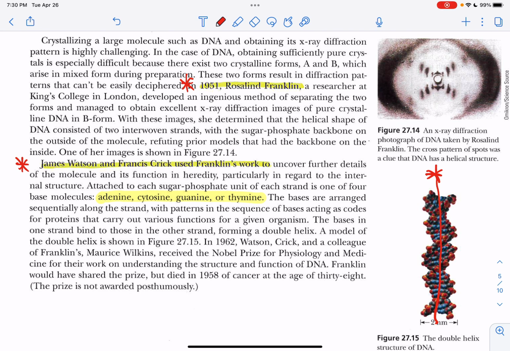Now, just in case you have forgotten, what you see here in the red are alternating sugar and phosphate molecules. Deoxyribose if you're talking about DNA, and ribose if you're talking about RNA.